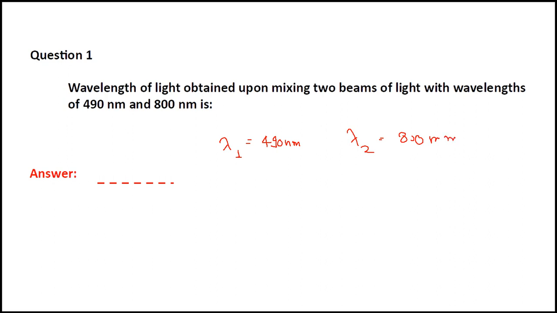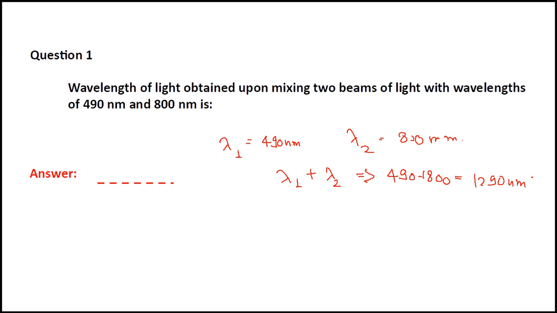Now normally, if I ask you to calculate the wavelength obtained upon mixing these two beams, we think it would be lambda 1 plus lambda 2. So 490 plus 800 will be around 1290 nanometer.